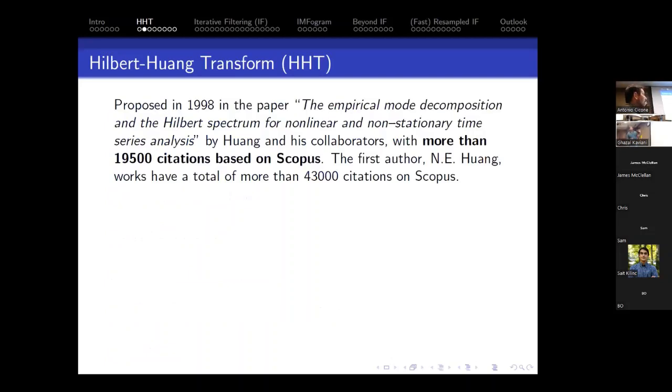So let's start from empirical mode decomposition, the decomposition part. I just let you observe this number, which is the number of citations of that original paper on Scopus. So that's not Google Scholar. Okay, if you check Scholar, it's way higher. Okay, and that's the number of citations of the first author.